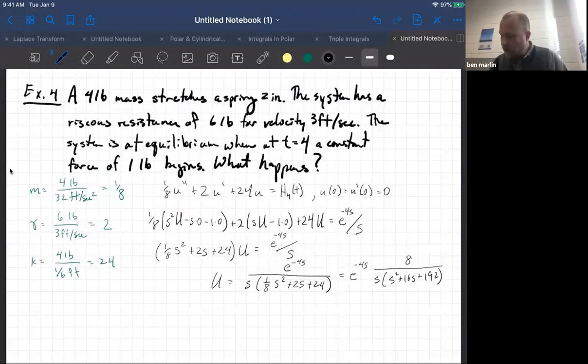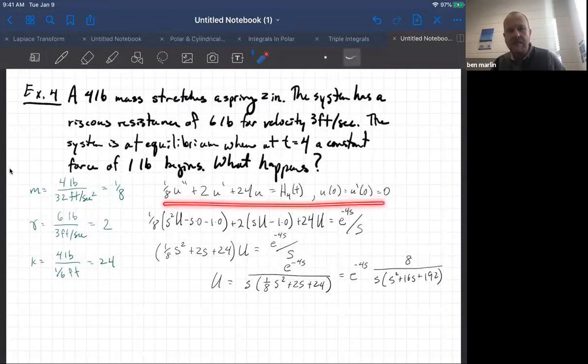So we come along with the setup that we did before, and we'll have the same homogeneous portion of it, but this H4 here, which just means you have a force for t greater than 1, you have a force of 1 that's pushing stuff down.